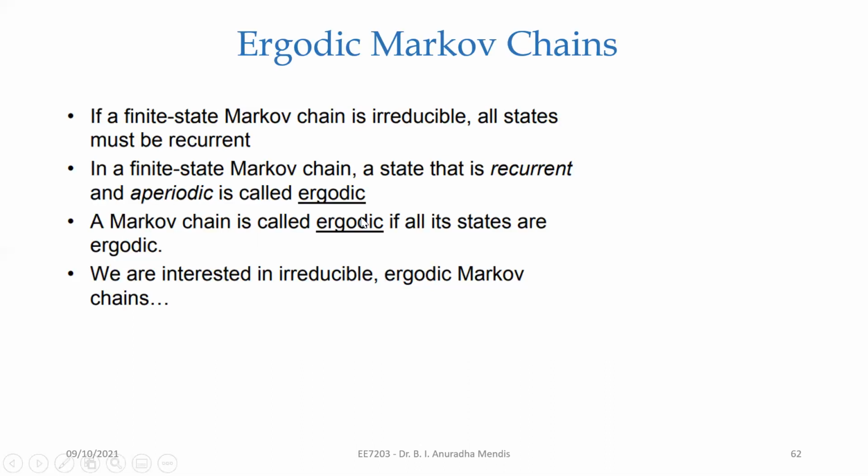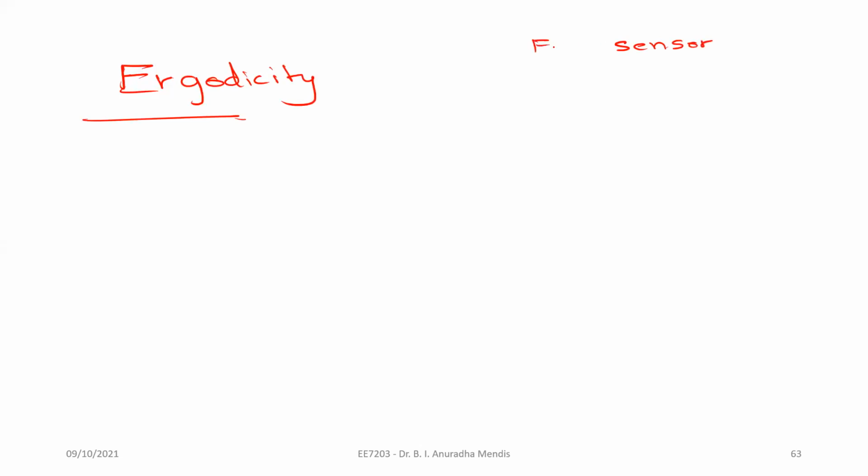So why do we need this ergodicity? Let's say a very simple communication network. Let's say there is a sensor, a fire sensor.